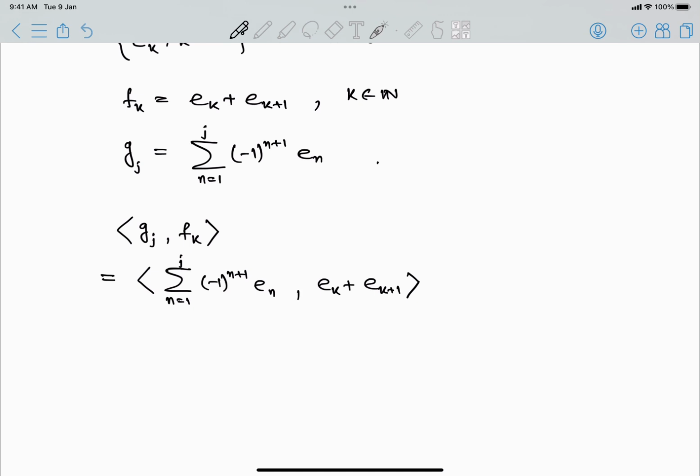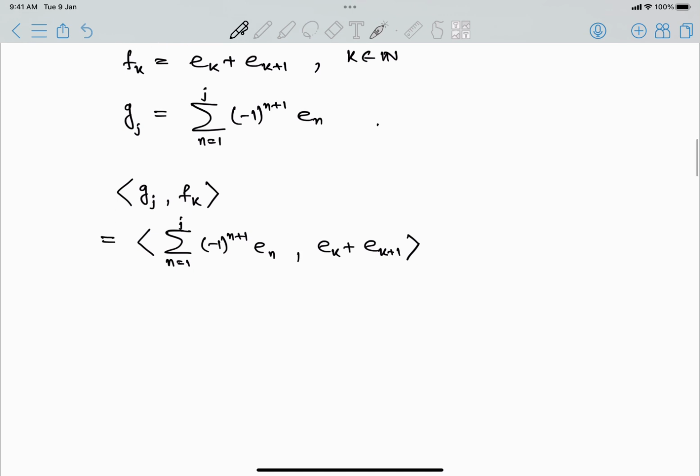Note that the e_k's are an orthonormal basis. So for k not equal to k', the inner product is 0, and if they are the same, then the inner product will be 1.